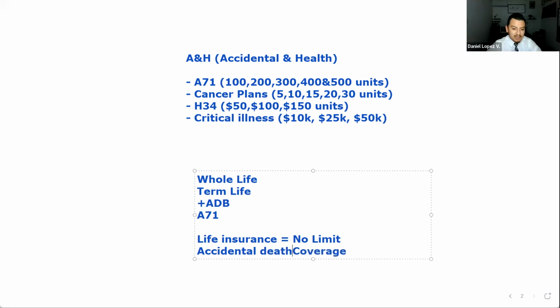If you combine ADB and A71, there is a limit.